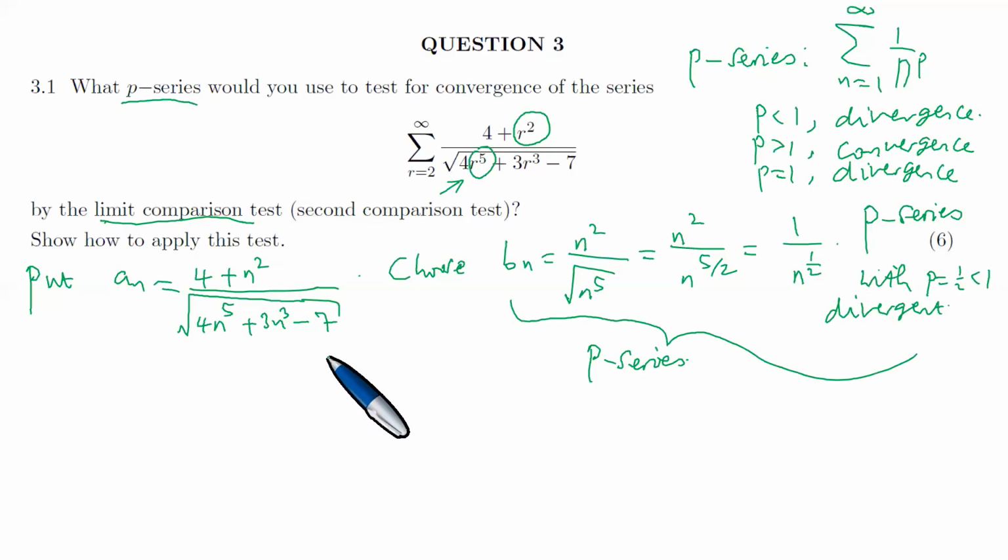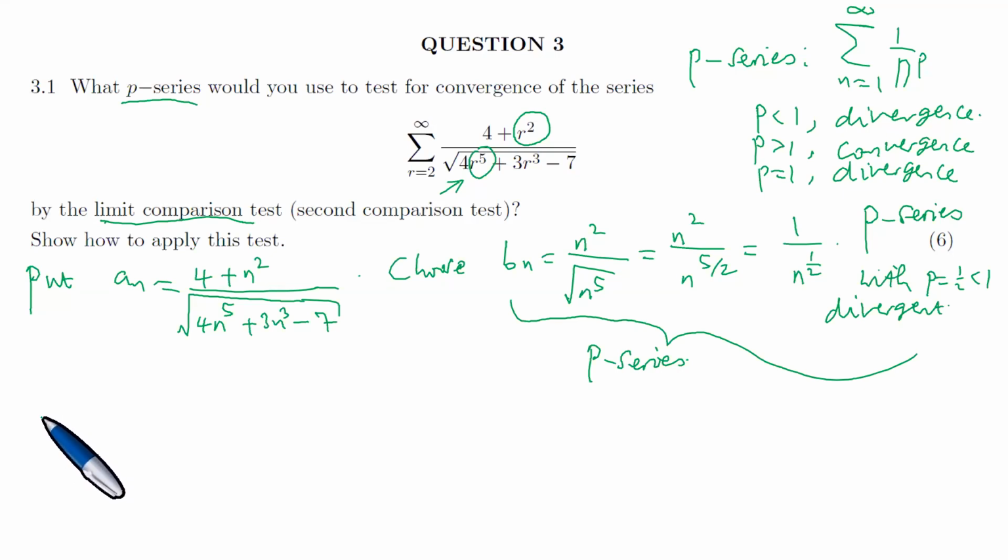And now they're asking, so how to apply this test? It was an interesting way of asking the question, but the examiner is really saying, apply the test. But you see, the way the question is phrased is show how to apply the test. I found that being a language issue, but yeah, doesn't matter.